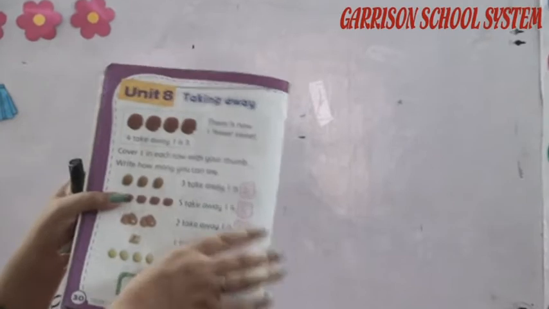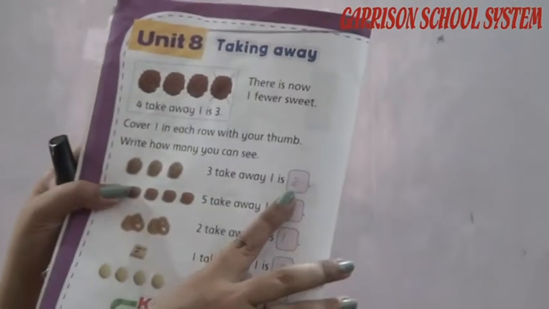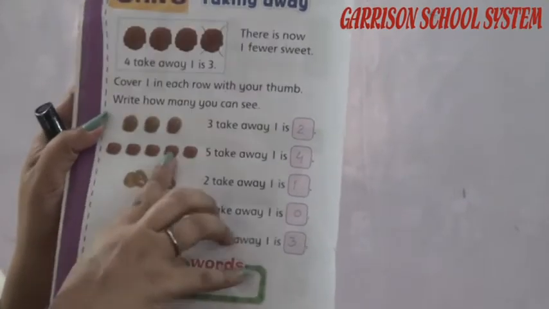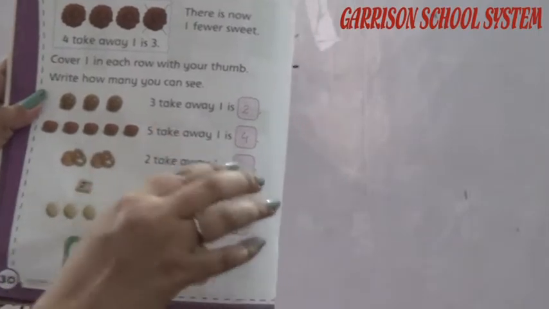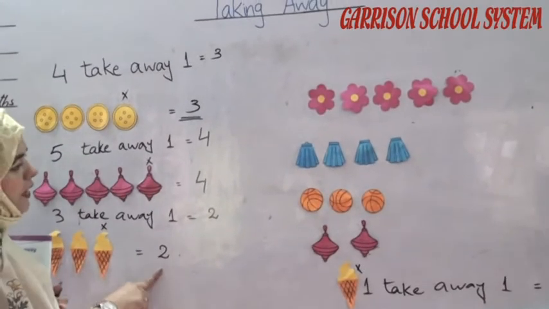So if we have 3 candies over here and we take 1, we will be having 2. There are 5 elements over here. If we take away 1, how much will we be having? We will be having 4. It's the same thing. If we have a 3 and take away 1, we will be having 2.